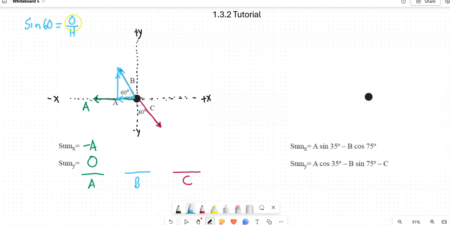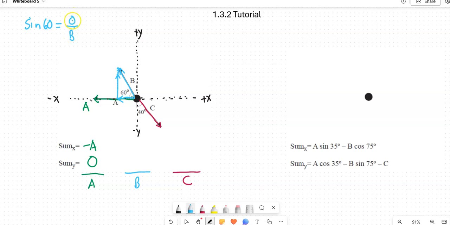But if you notice, our hypotenuse is actually labeled B, and our theta is actually 60 degrees. So I'm going to replace theta with 60 degrees, and I'm going to replace the hypotenuse with the B vector.